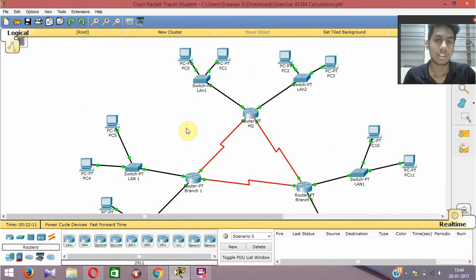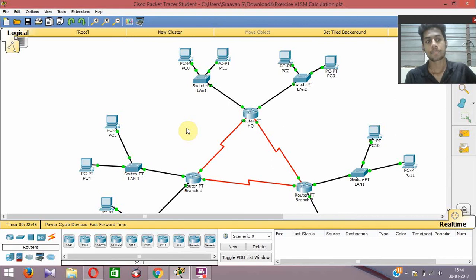As we cannot get the exact number of hosts required, we go to the closest power of 2. The closest number of hosts that can be obtained is 64, which is 2 power 6. So we need 6 host bits, and all the others can be considered as network bits.